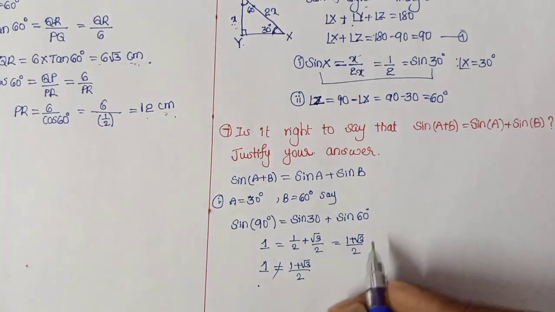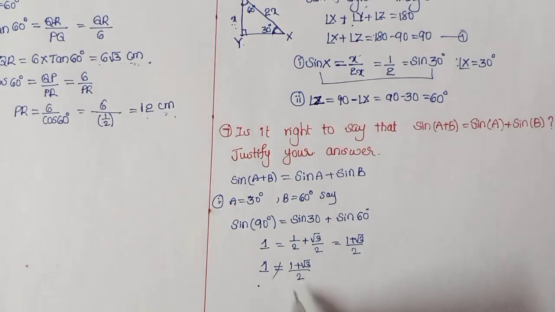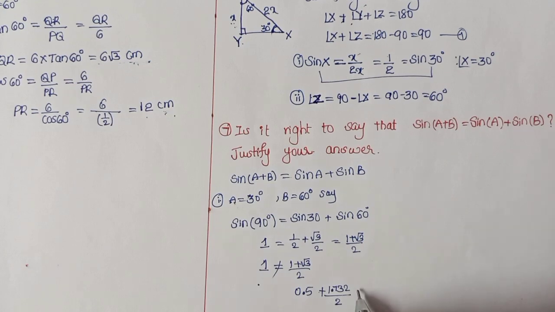Let us break this. 1 by 2 means 0.5, plus root 3 by 2. Root 3 value is 1.732, divided by 2, which is 0.866.